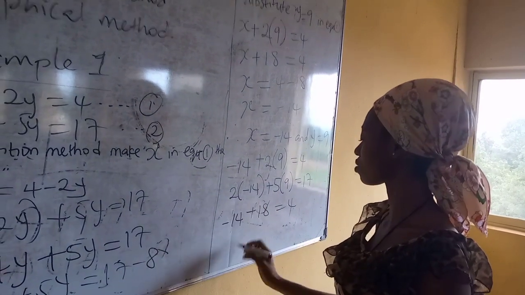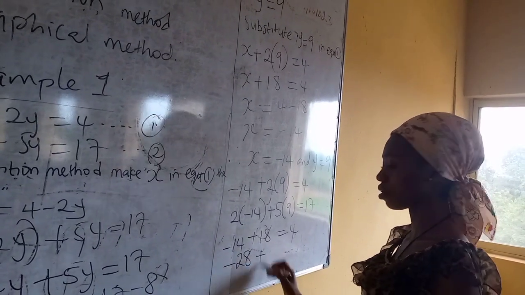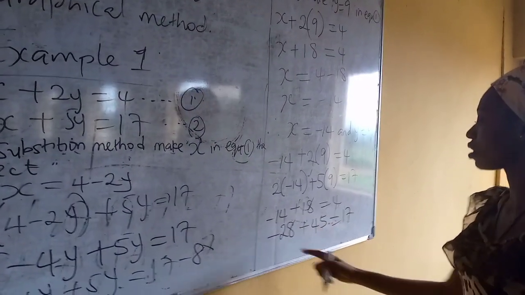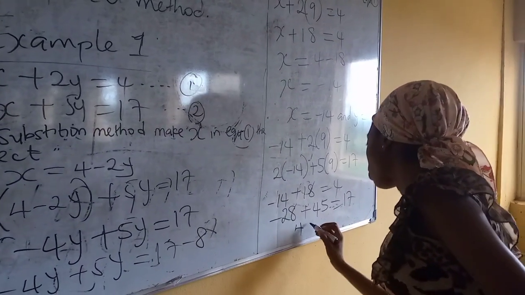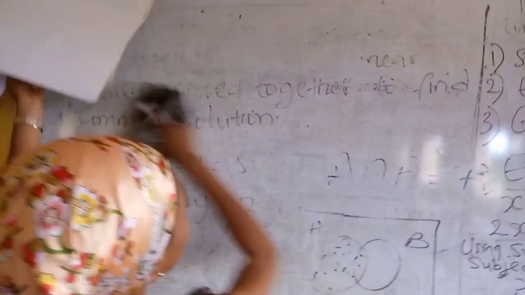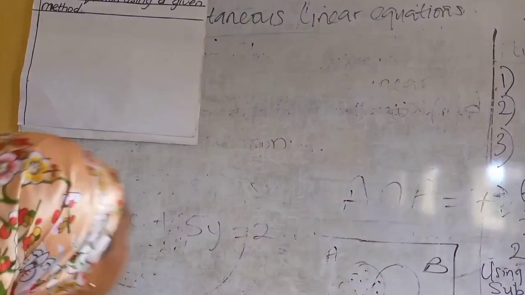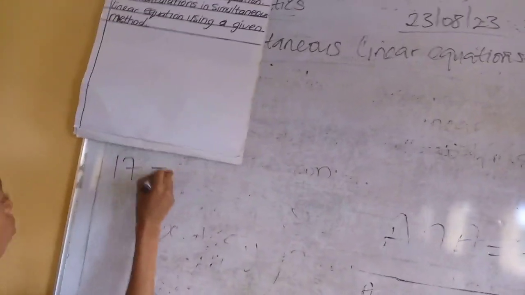For the second equation, 2 into minus 14 plus 5 into 9 equal to 17. 2 times minus 14 is minus 28, plus 5 times 9, which is 45, gives 17. So 17 is equal to 17.